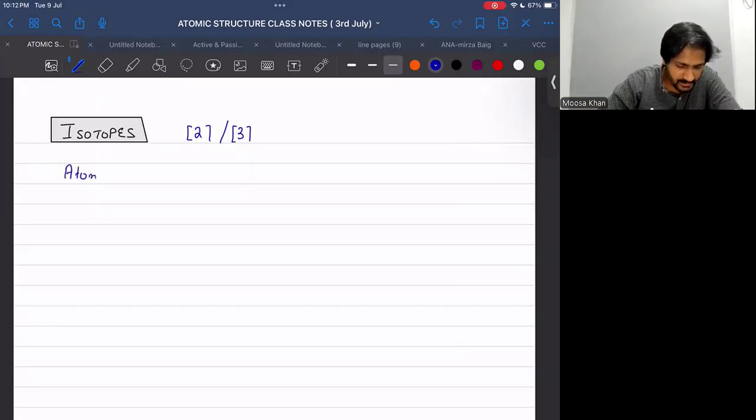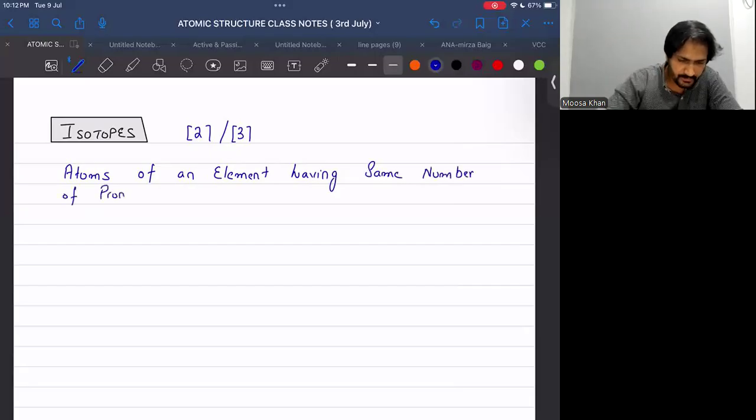These are atoms of an element having same number of protons but different number of neutrons.